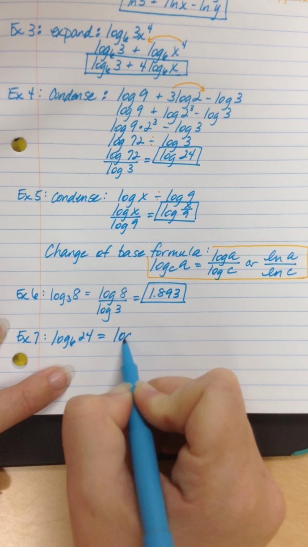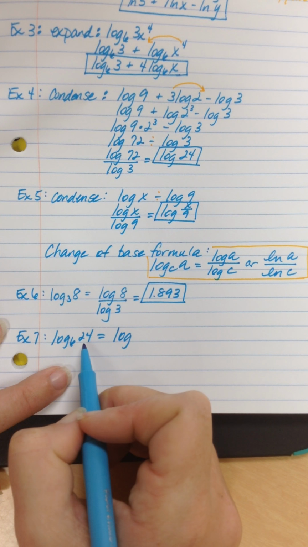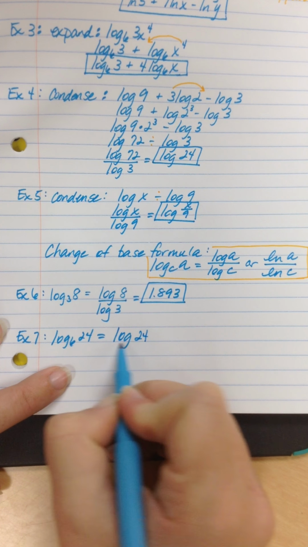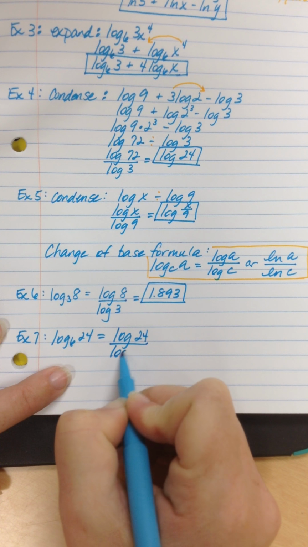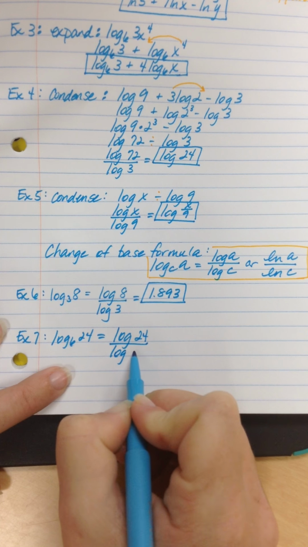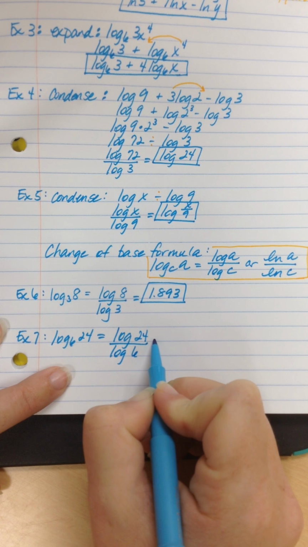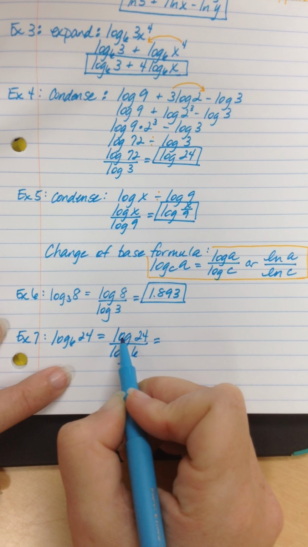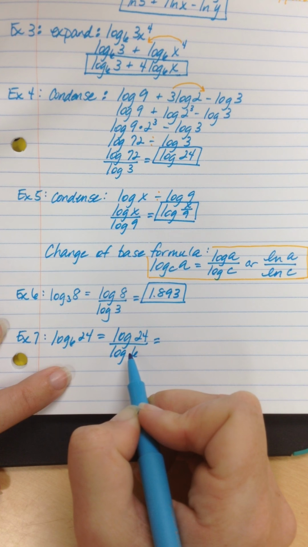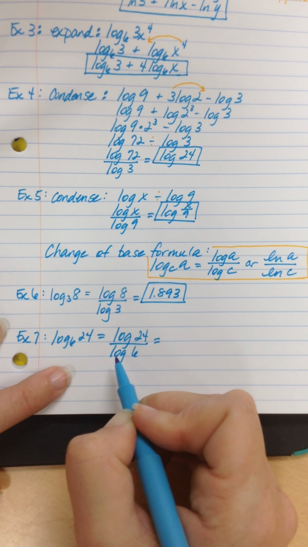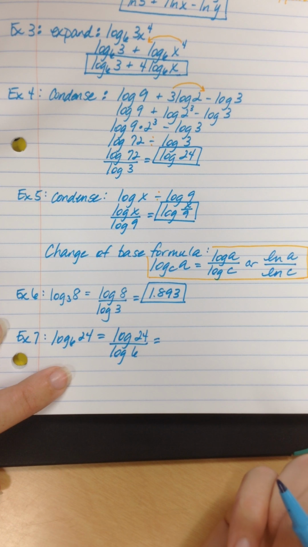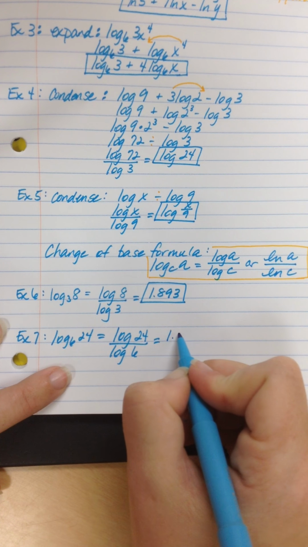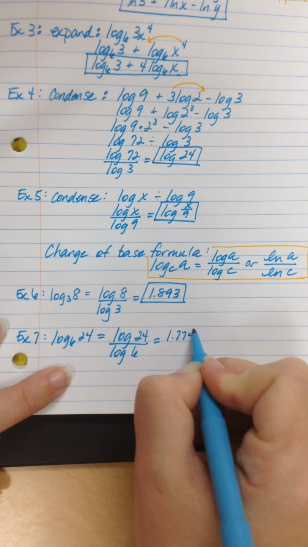Change of base formula says log of A, which is my big number, divided by the log of C, which is my small number. Now that we have them in both log base 10s, you can plug this into your calculator just pressing the log button. You should get a final answer of 1.774.